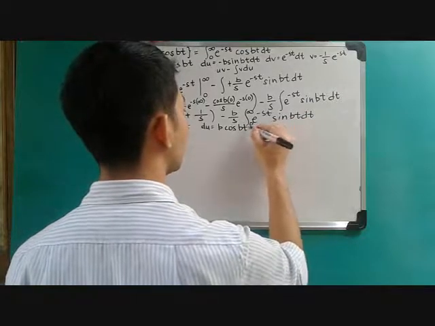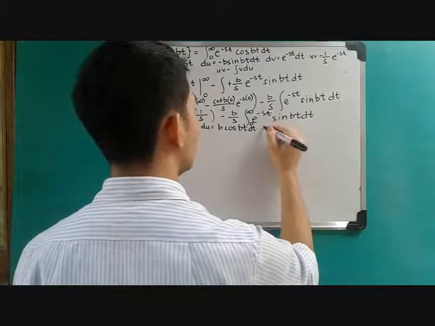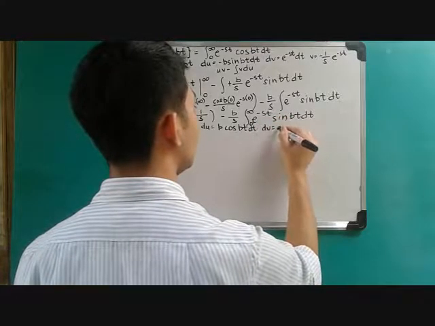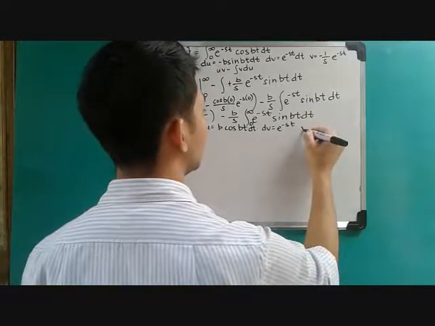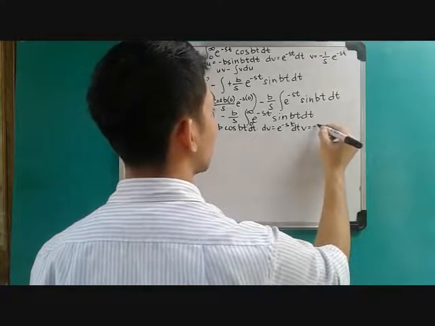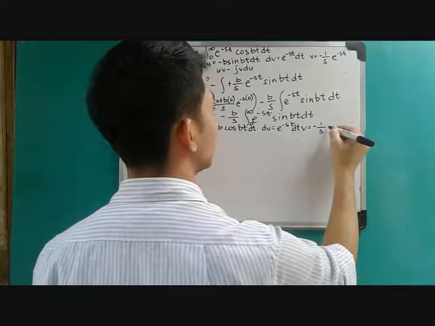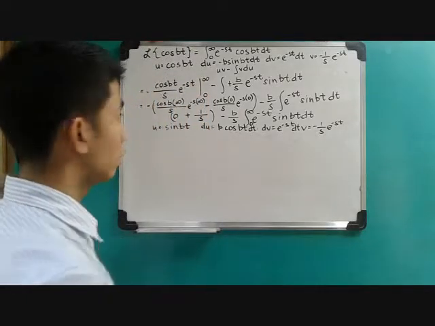And your dv, don't forget the dv. dv is equal to e raised to negative st, and integration of that is negative 1 over s e raised to negative st.